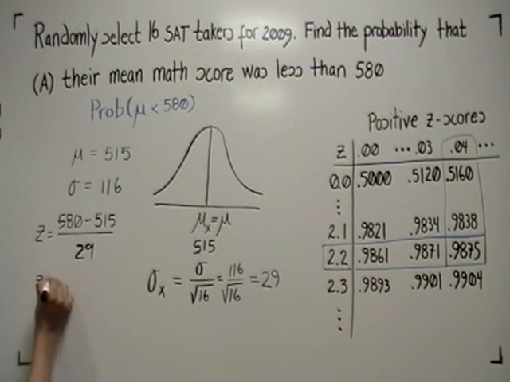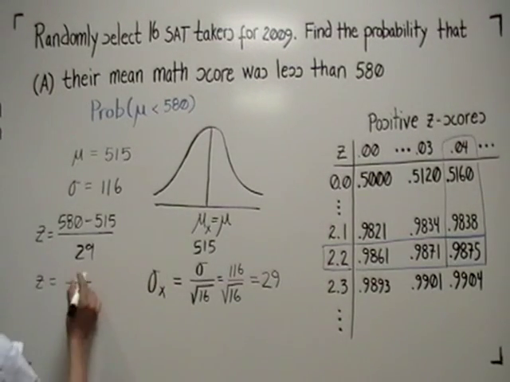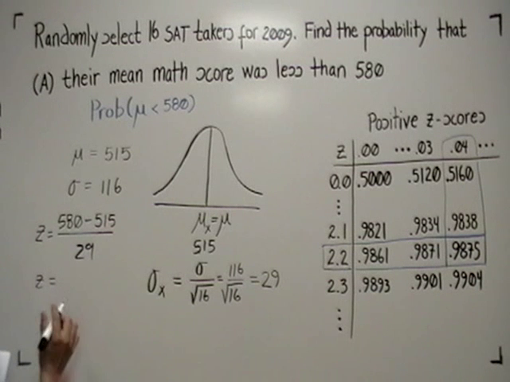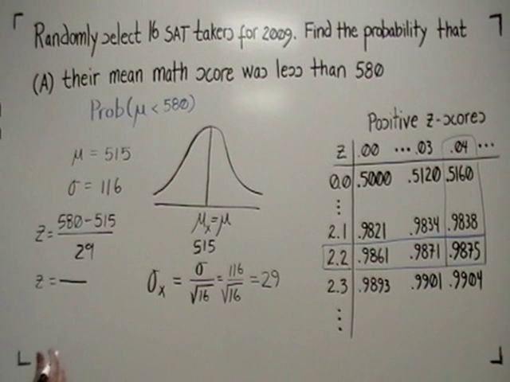So the z-score is, let me just give the calculator answer afterwards. 580 minus 515 is 65, over 29.